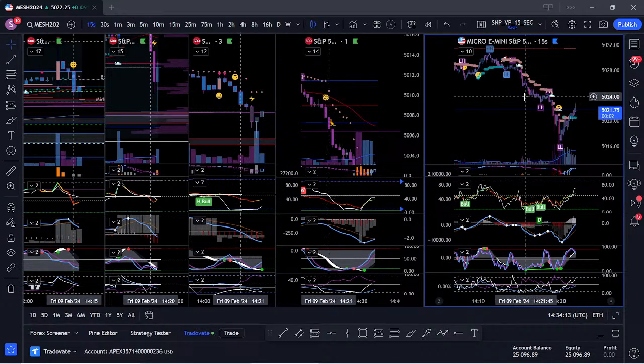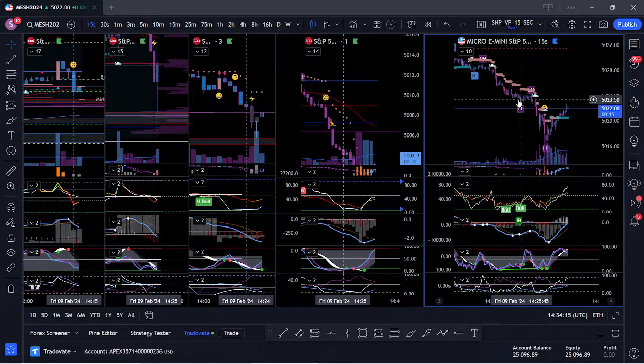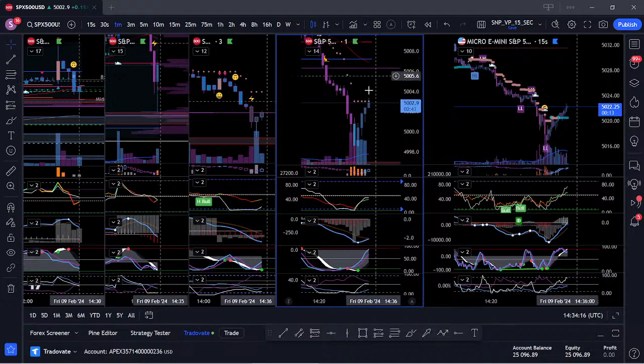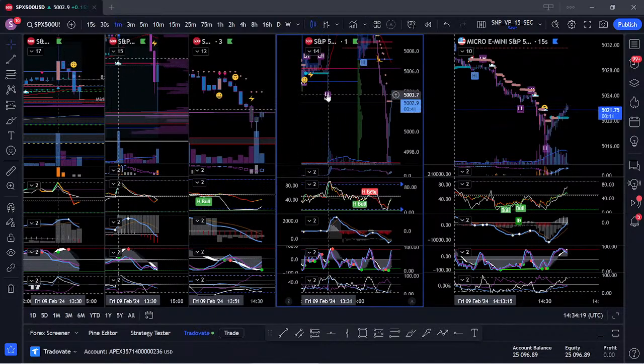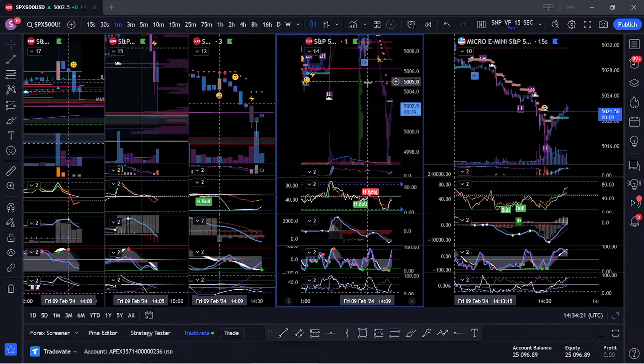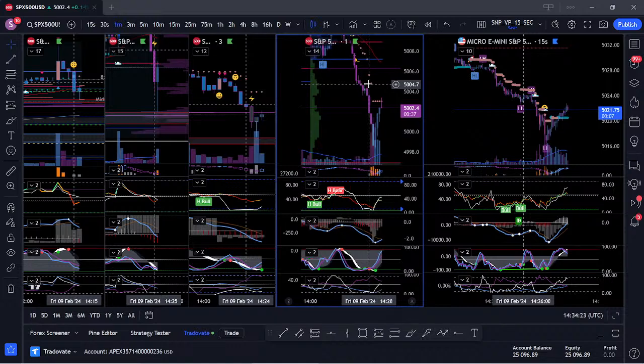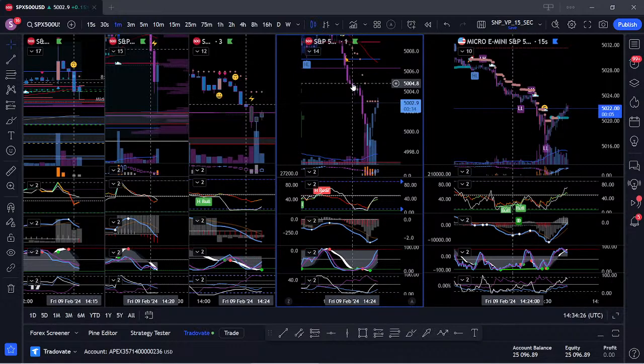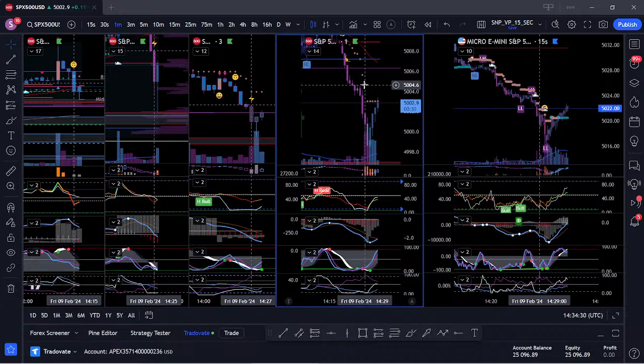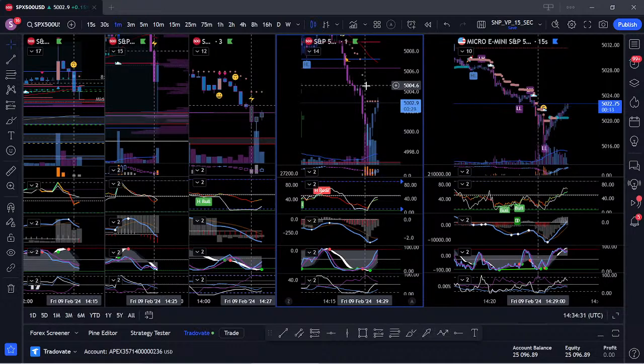Okay, so it reached here and then stopped. Let's see, where did it stop? Here. Yeah, so 25. It kept going there, and then in the opening it dropped down.